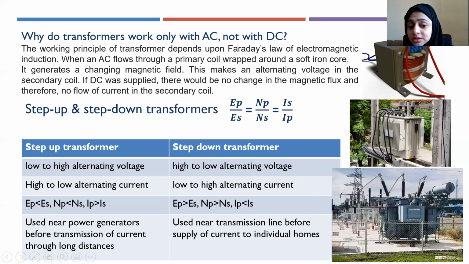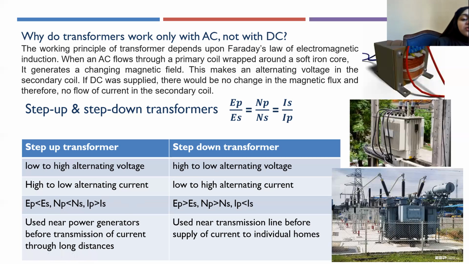This will be a step-down transformer that converts the high voltage coming from the power generating stations to a low voltage before it is distributed to homes. And here you can see a large transformer usually used near power generating stations, or maybe near transmission lines. So transformers can be of different sizes and different purposes.